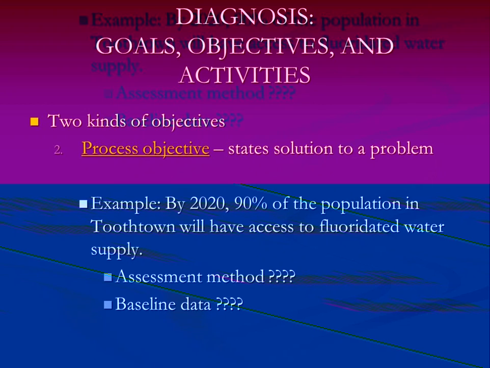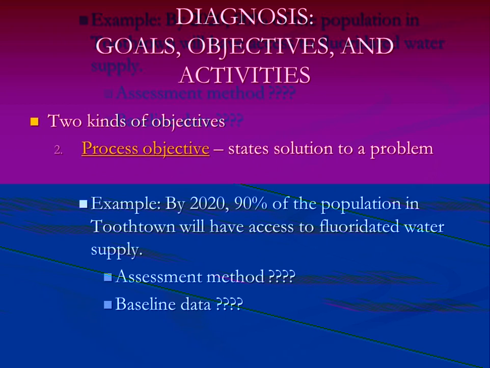Again, we can start thinking about assessment methods in terms of evaluation. So how would we evaluate whether 90% of the population in Toothtown has access to fluoridated water by 2020?